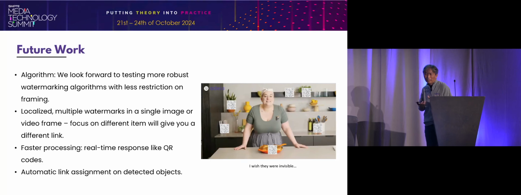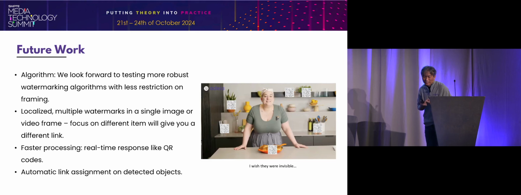But if they are invisible watermarks, you don't see them. But you need to divide the picture into multiple areas and embed a different watermark in each area. That is something we want to do, but we haven't found a good way to do that. So that's an important improvement that we need to make.